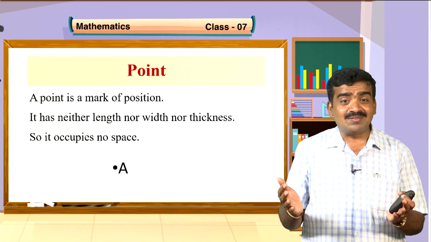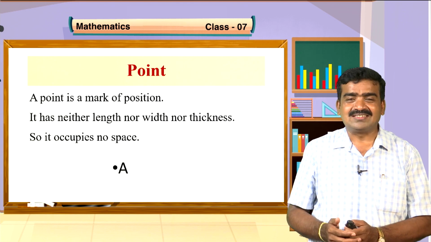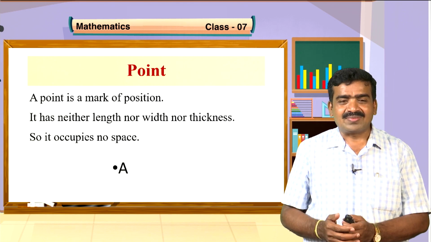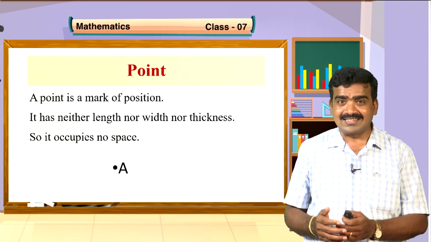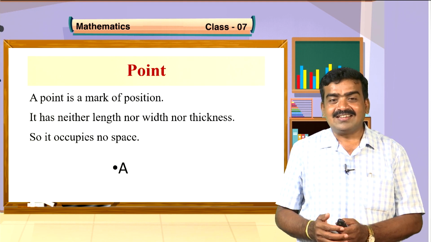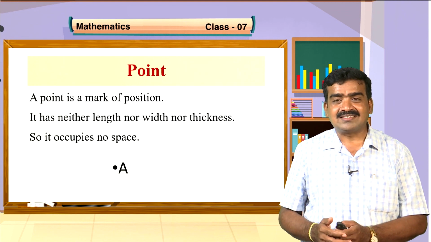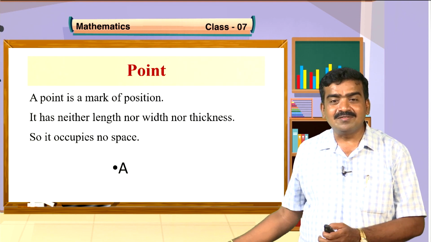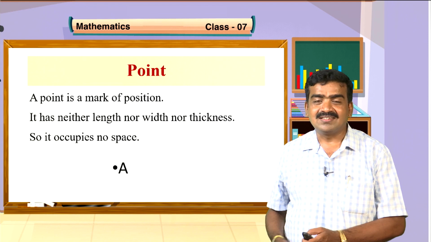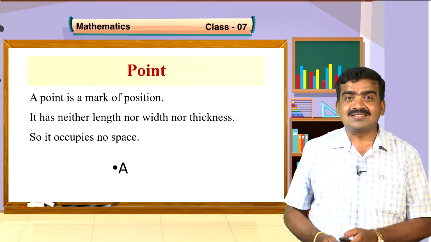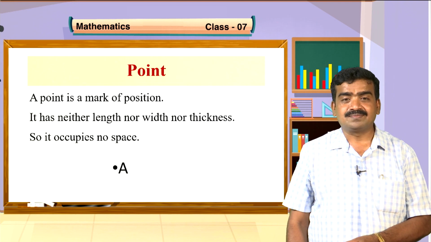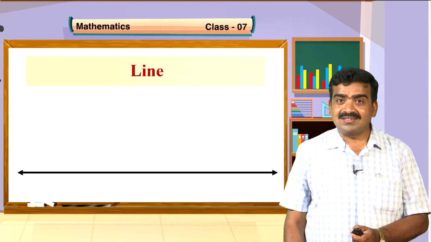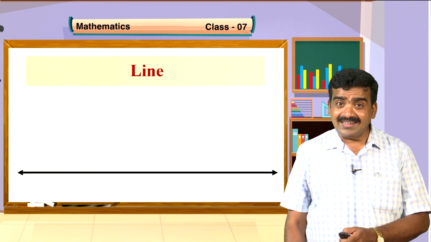A point is a mark of position, and you know that it has neither length nor width nor thickness, and it does not occupy space, and the point is always represented with English alphabets, especially the capital letters of the English alphabets.